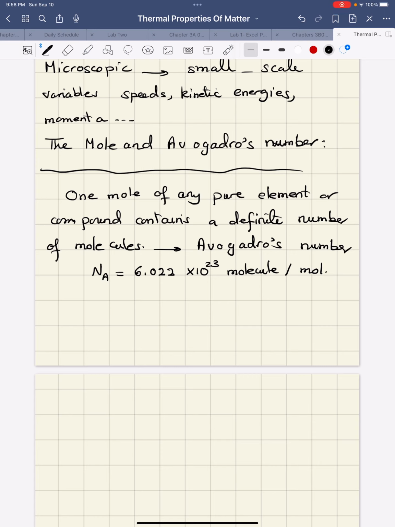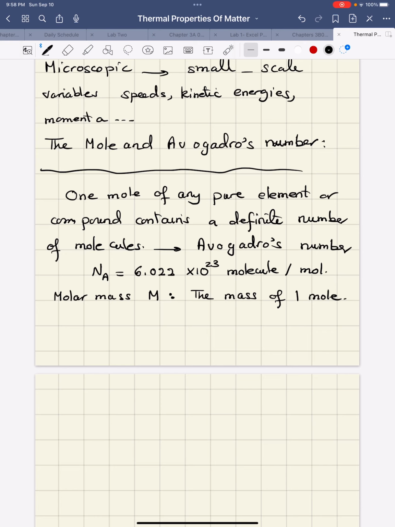Now we also need to talk about the molar mass. The molar mass, which we give uppercase M, is the mass of 1 mole. When you view the periodic table, you're going to find these atomic molar masses listed.